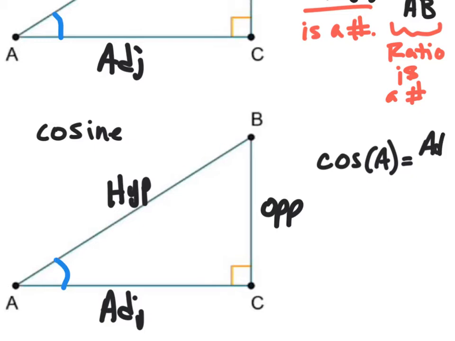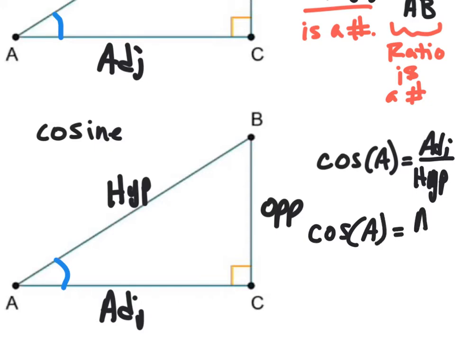If I had values for this, cosine of A would be the segment length AC, my adjacent length, divided by my hypotenuse length, which is AB. And that's that. Remember, this is just a ratio. We're just writing numbers.